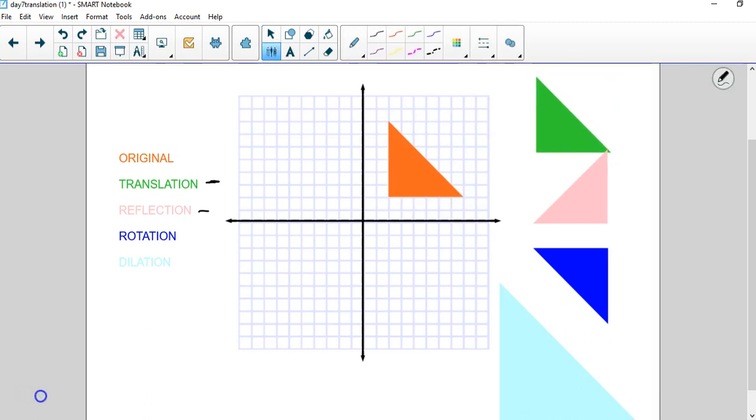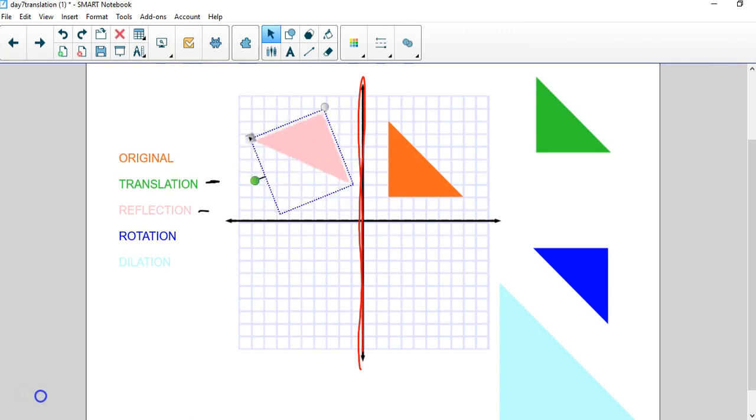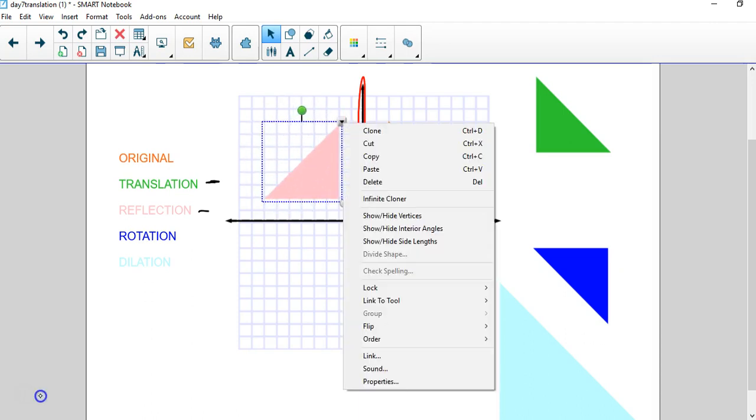You can see why it's called a slide. In pink, we have a reflection. This has been reflected over this axis. If you can imagine folding the paper over, it would be right here. Okay? Let's see. I can do this.